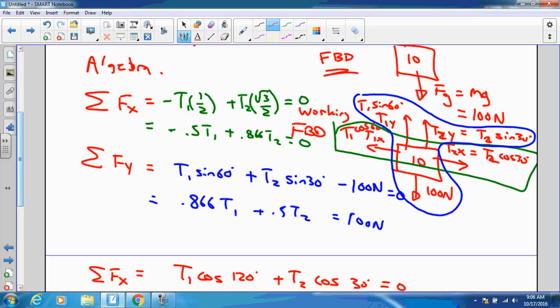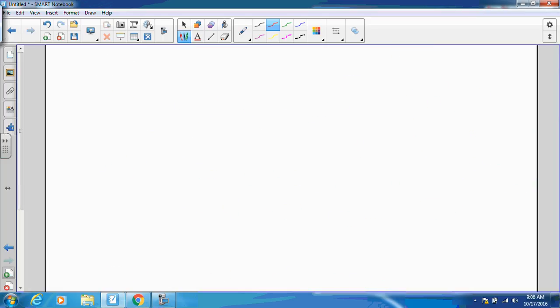Now, what about the solving process? I want to give you some options here. We have these two equations.